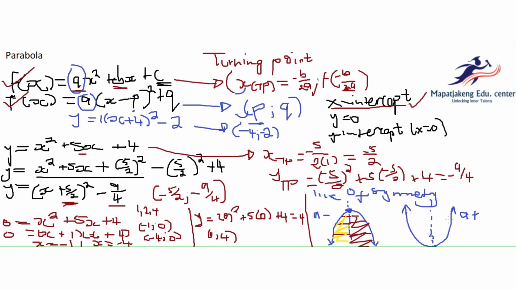Then let's elaborate further. Let's say this is your x-axis, and we know that your x turning point is 0, and this is your y. Then it cuts at 0, and here it's 2 on your x-axis, meaning from 0 to 2 the distance is 2 units. It simply means on the other side you can get it by saying it's -2, because it's in the negative direction, but the distance from 0 to -2 is still 2.